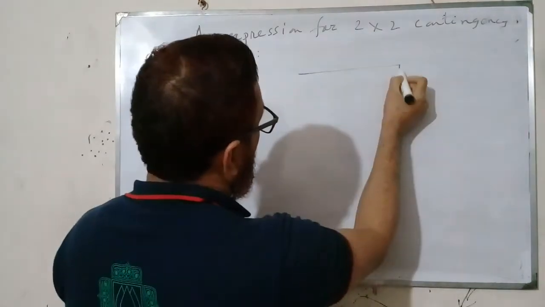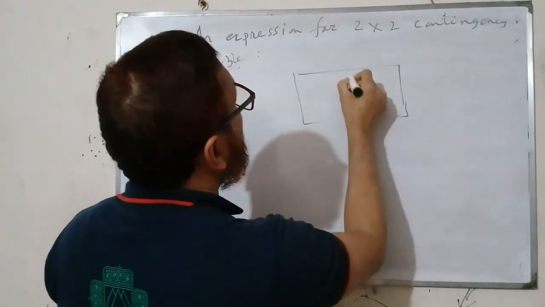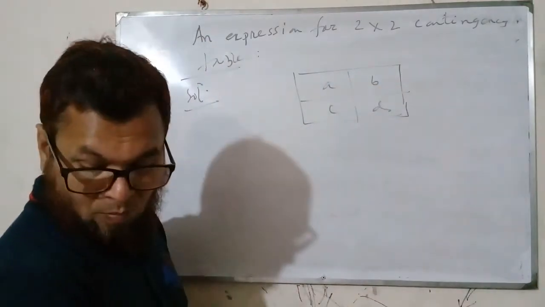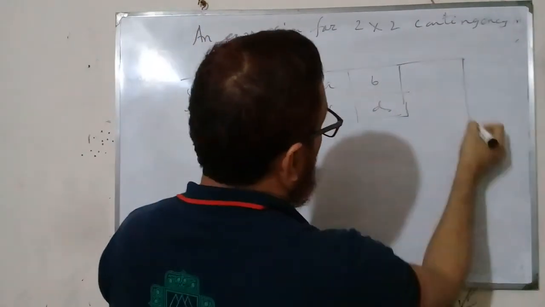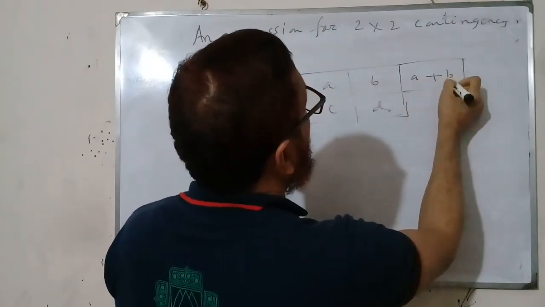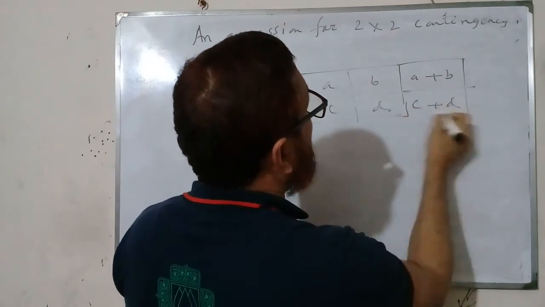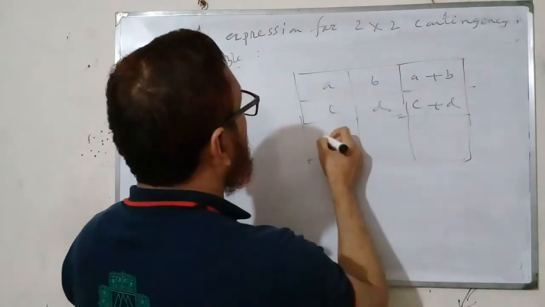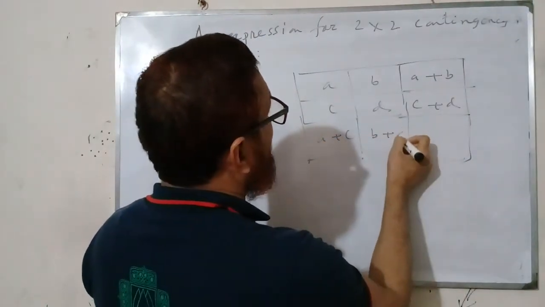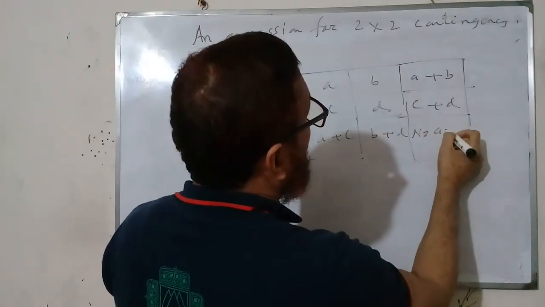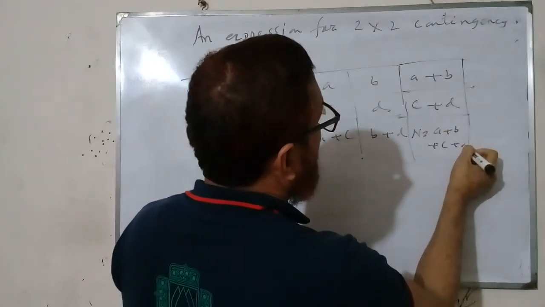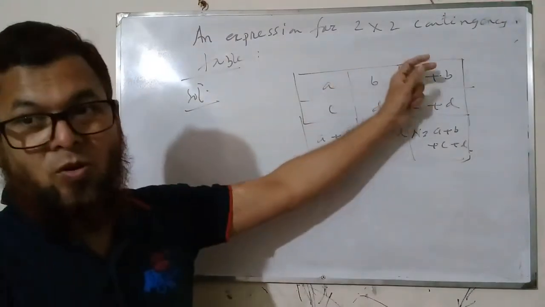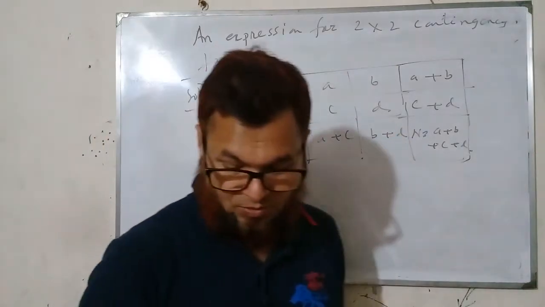Our 2x2 contingency table has cells A, B, C, D, with totals A plus B, C plus D, A plus C, B plus D, and N equal to A plus B plus C plus D.